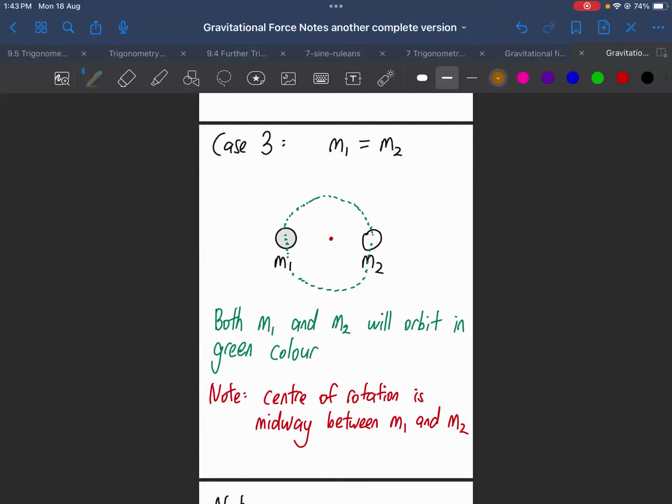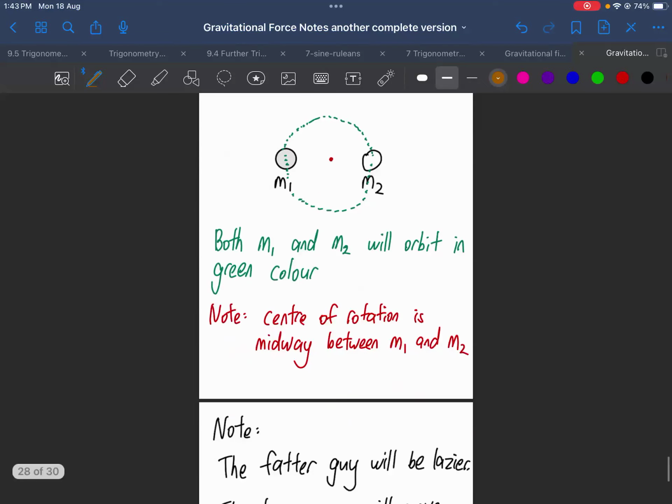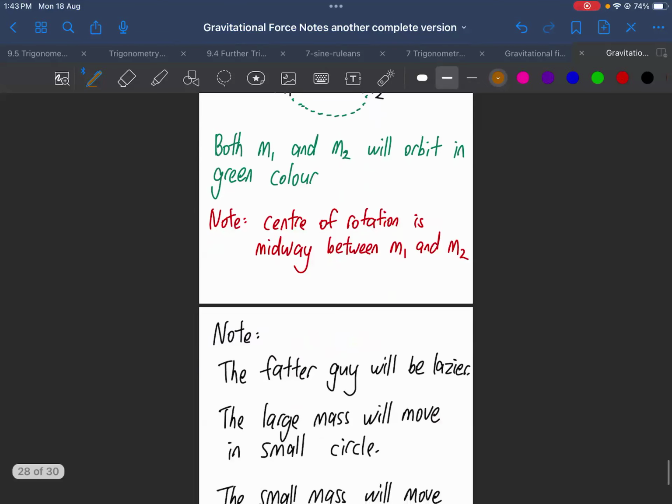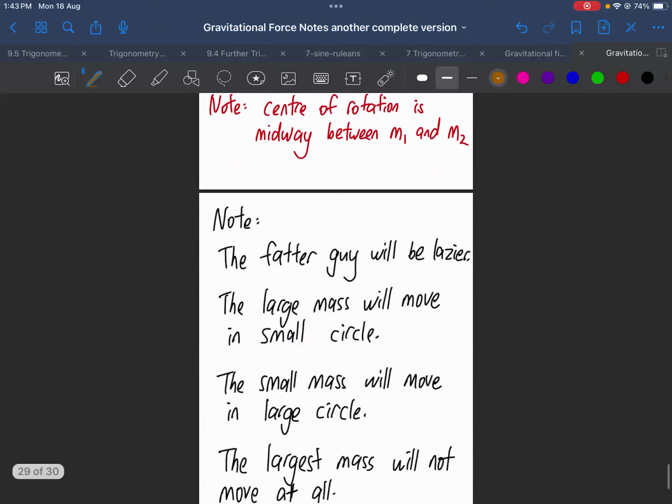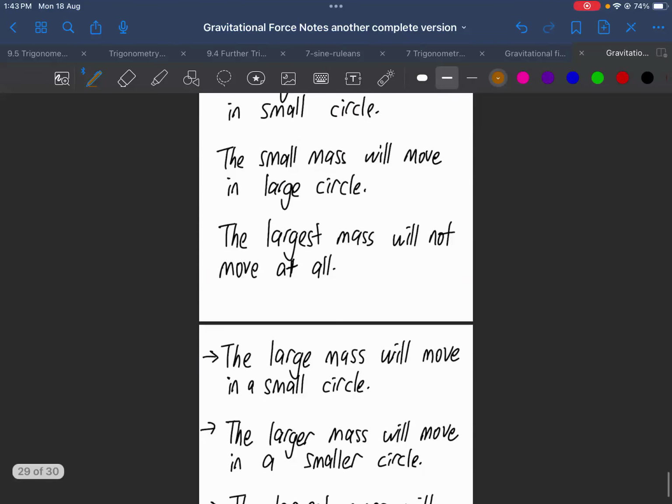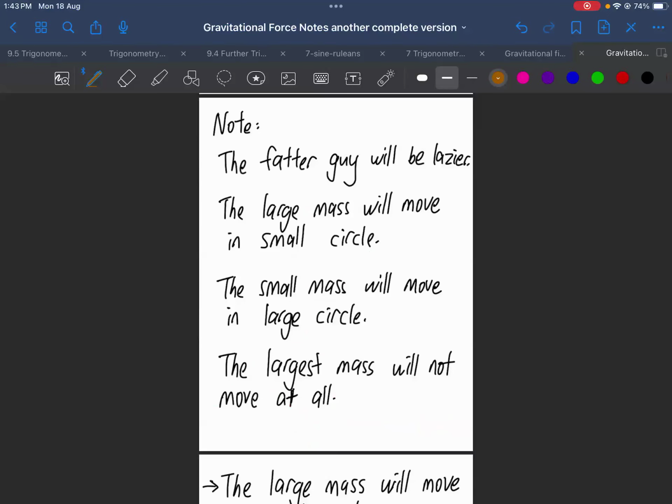Have a look at this. Normally, the fatter guy will be lazier, so the larger mass will be in a smaller circle, and the small mass will be in a larger circle. And if you are super duper heavy, that means you are basically not moving because you are too heavy already.